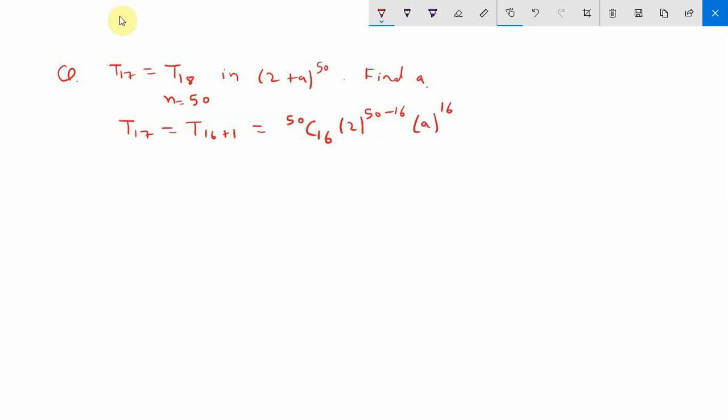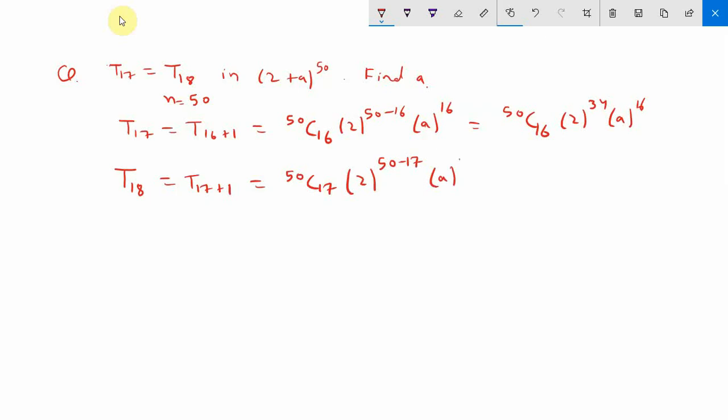So T17 we got, and this will be equal to 50C16 2^34 into a^16. Similarly, we can calculate T18 as T(17+1) is equal to 50C17 2^(50-17) a^17, and this will be 50C17 into 2^33 a^17.